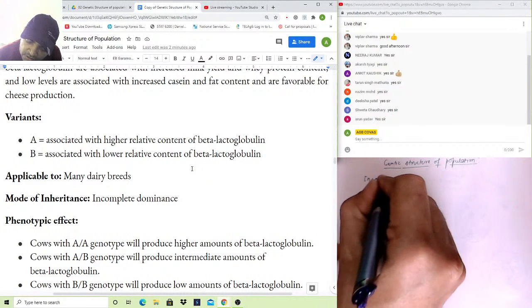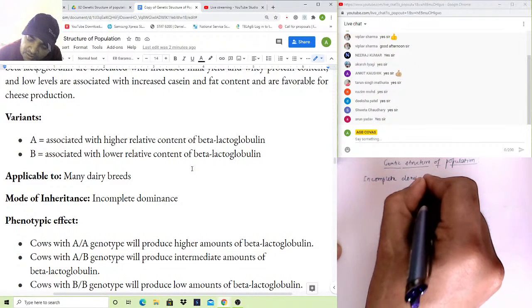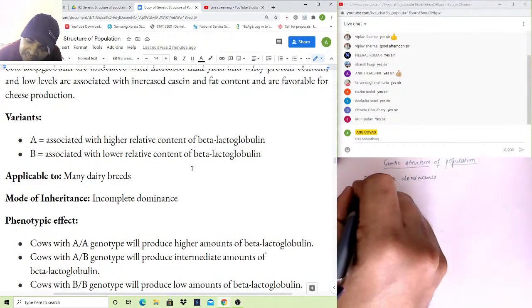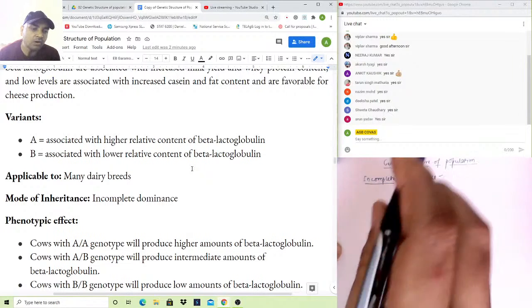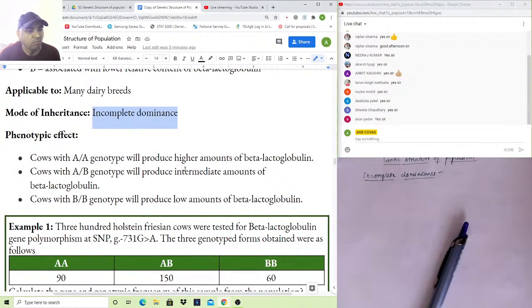Because you have already studied all these modes of inheritance when you studied Mendelian inheritance, I need not revisit them. Simply, I have said it is incomplete dominance, so you know what that means. So, what are the phenotypic effects? If at a locus both the genes are capital A, the genotype will produce higher amounts of beta lactoglobulin, hence higher milk production.